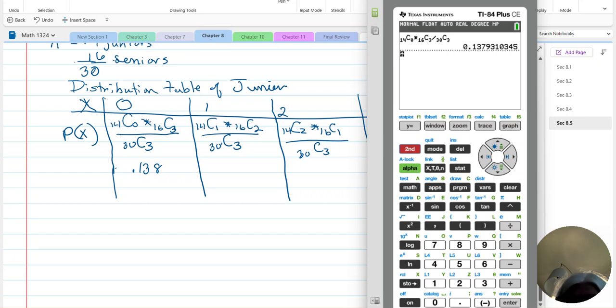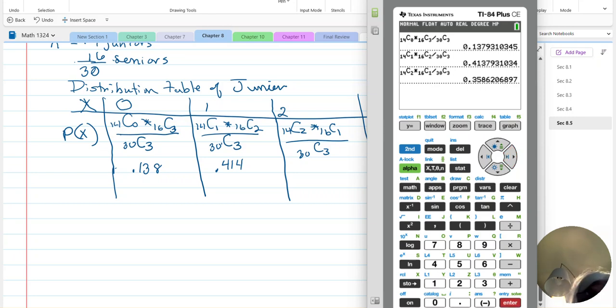I'm going to do second entry, and the 1 and the 2. 0.414. Yep. Second entry. We're doing a 2, 1, and an enter. 0.359.